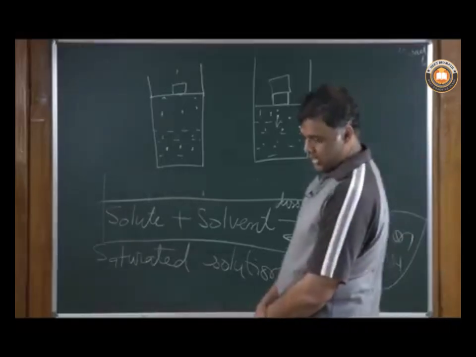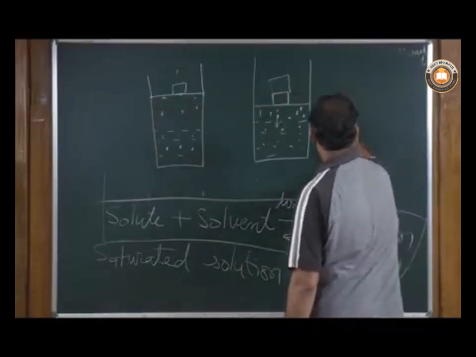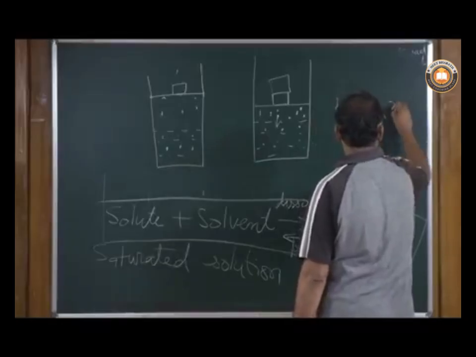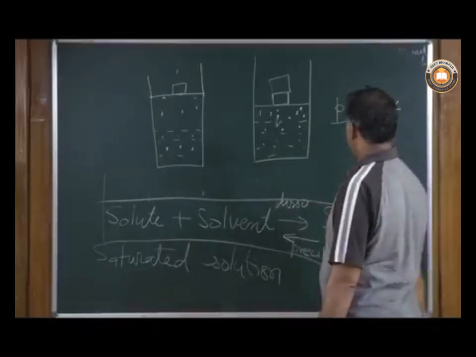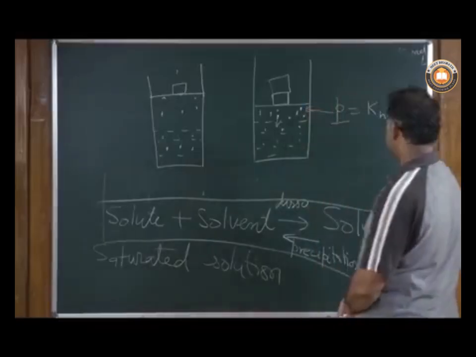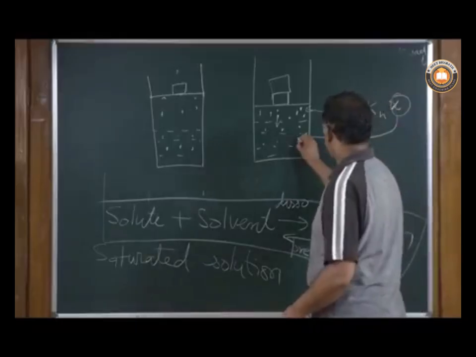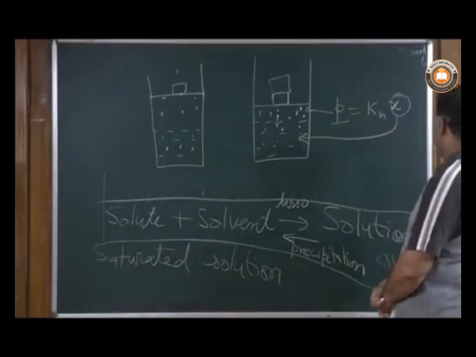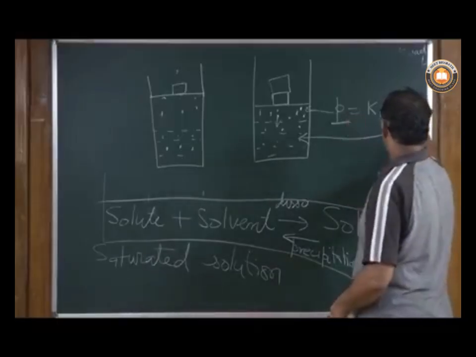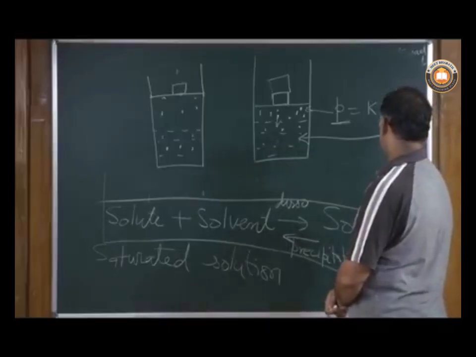The law says P is equal to KH x, where P is the pressure of the solute over the solution, and x is the concentration of solute in solution. So, as the pressure increases, the mole fraction, the concentration of solute increases.